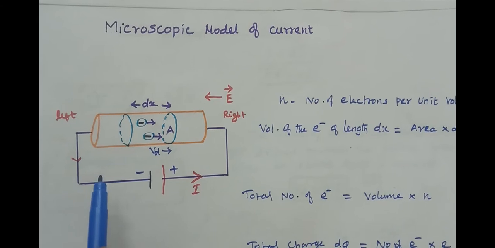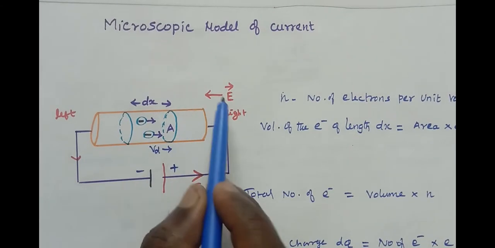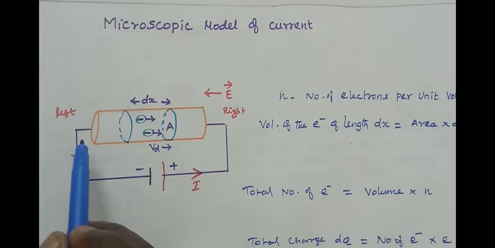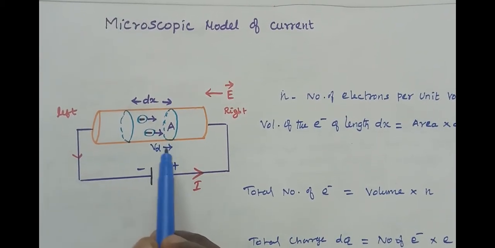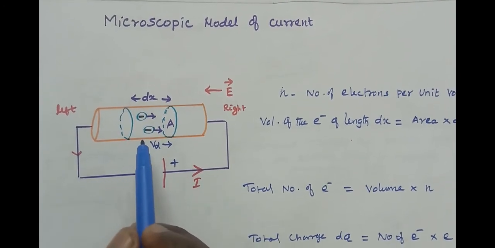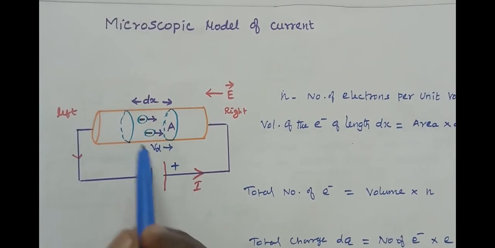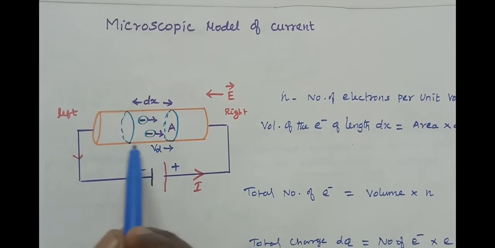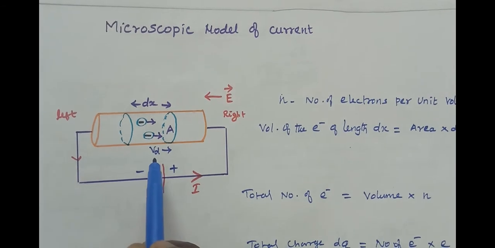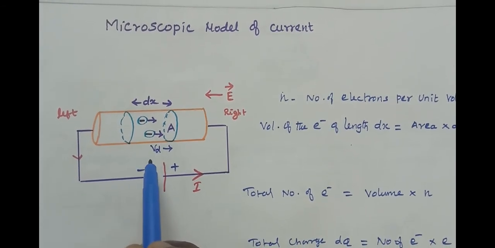Okay. Now the electric field is applied from right side to left side. Suppose there are n number of electrons per unit volume in the conductor and assume that all the electrons move with the same speed, that is nothing but the drift velocity.